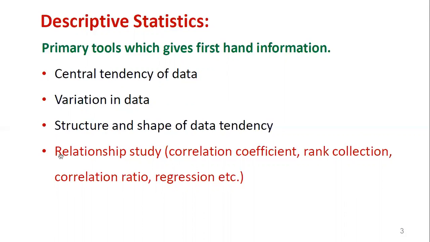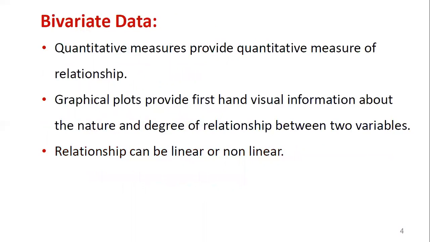Now the last one, relationship study, consists of correlation coefficient, rank correlation, correlation ratio, regression, etc. So here we will consider the first coefficient, the correlation coefficient. By using this, we study the relationship among the primary tools of descriptive statistics.